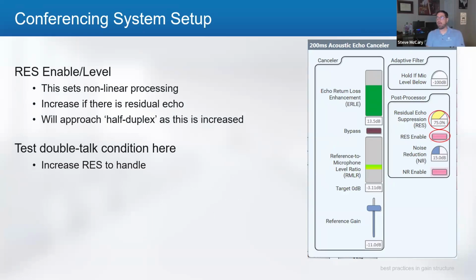This is if you are having trouble and you're still getting just little shades of echo on the back. You can turn it on and then turn it up a little bit. Just understand that the closer you get to 100% of residual echo suppression, the closer you are getting to essentially a half duplex signal, meaning that only one person can talk at a time. So be very careful with that.